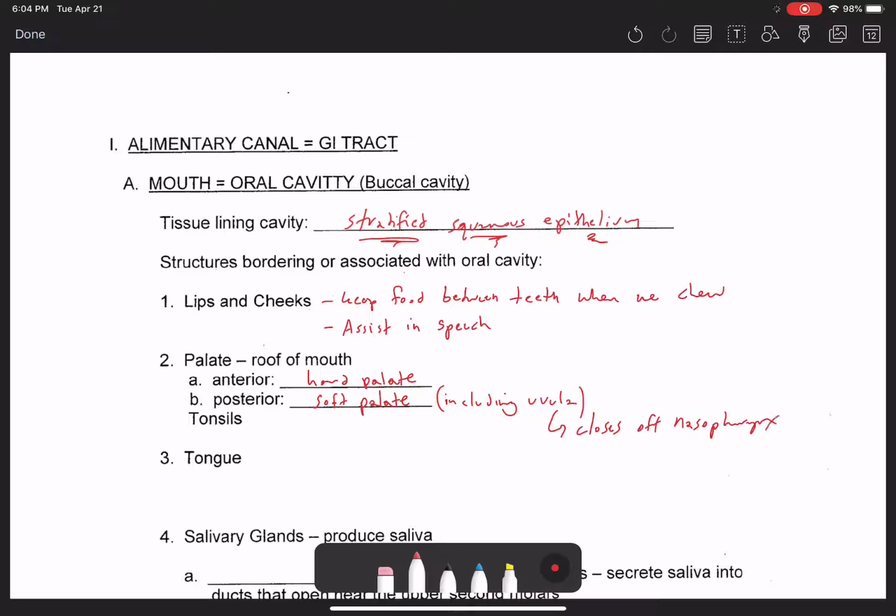You guys know what the nasopharynx is now from the respiratory lectures. It closes off the nasopharynx when we swallow. So basically it retracts and elevates to close off that opening between your oropharynx and your nasopharynx so food doesn't regurgitate up into your nasopharynx and nasal cavity.